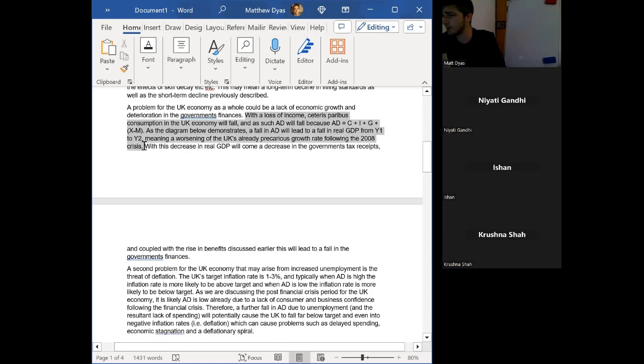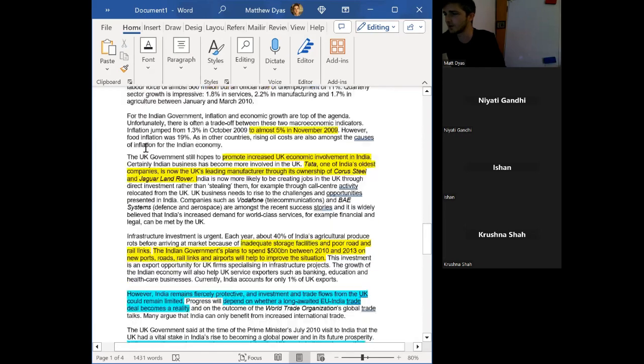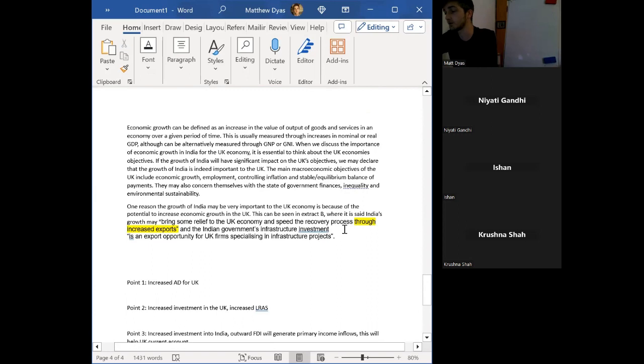I'm basically just going to be cutting and pasting this explanation, switching it around so that it's AD rising instead of AD falling, and that's going to be my paragraph here. Basically, I've got my AO2 in, so I'm good to go.